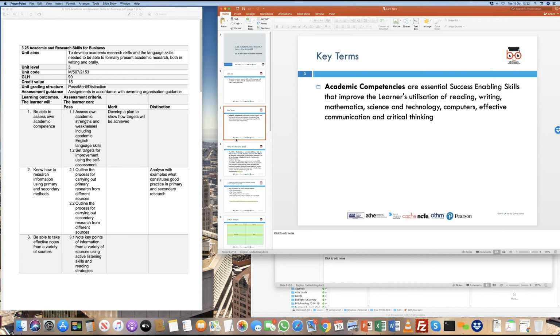Academic competencies here means skills that you can utilize to accomplish a piece of work, and that requires you to have knowledge or access to documents or information which can be pooled together from a number of resources, and that will allow you to accomplish a particular task.